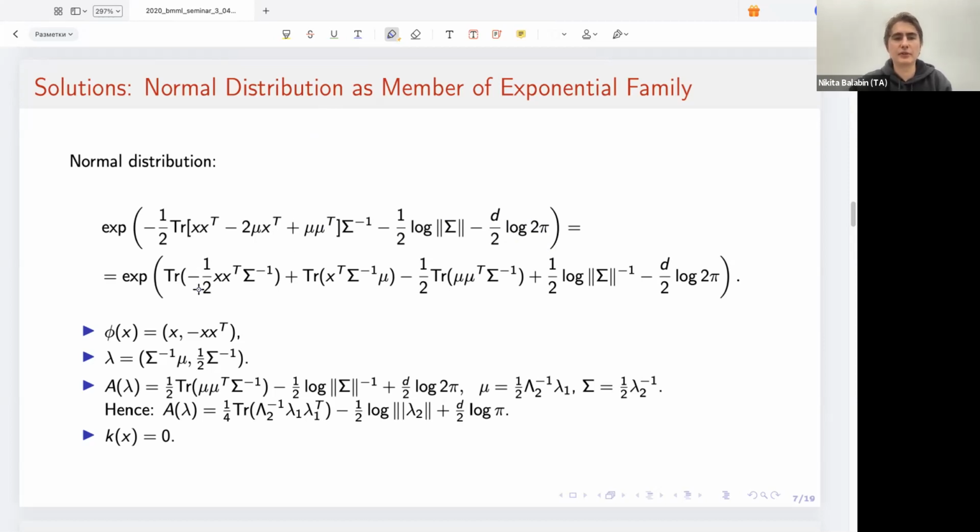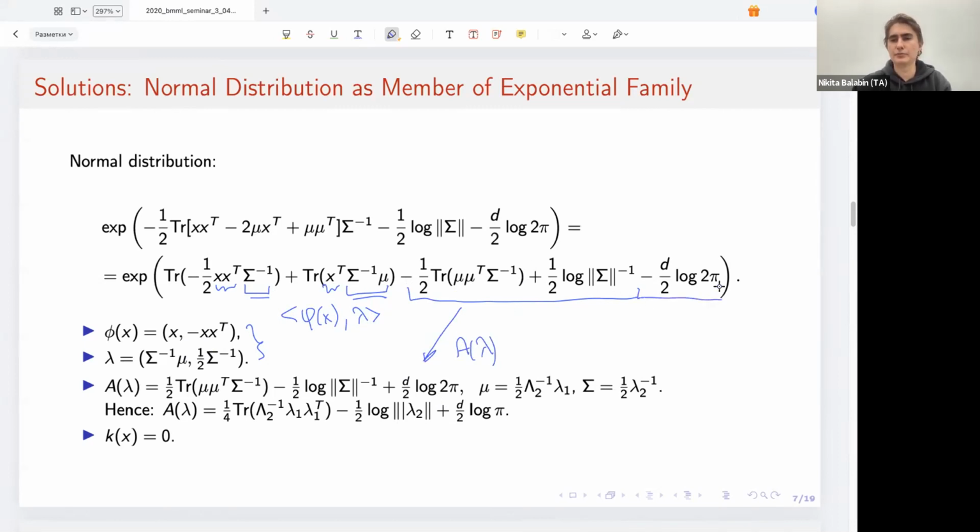Here we have one term of phi and a second, and the same for the parameters, and we see that the inner product can be written with these terms, and also part of the normalizing constant and part of the exponential form the new normalizing constant A of lambda.